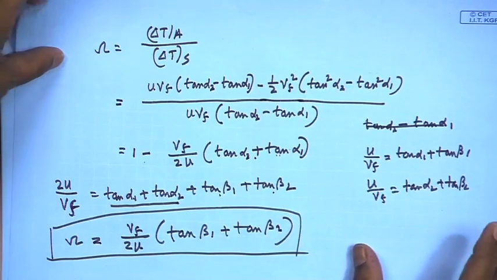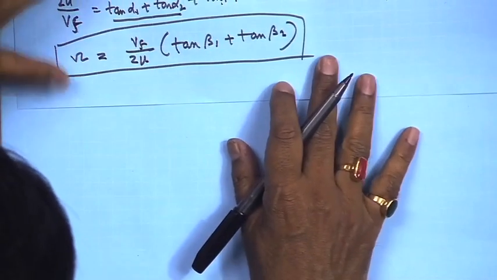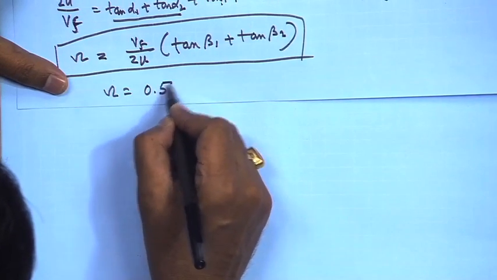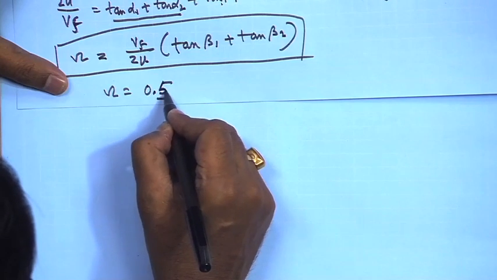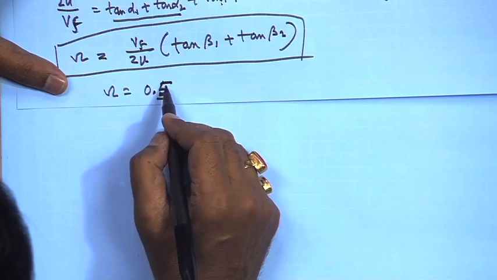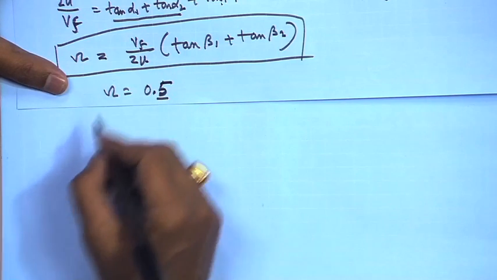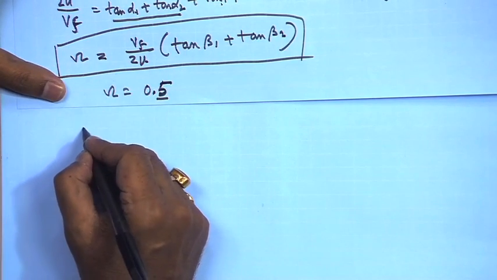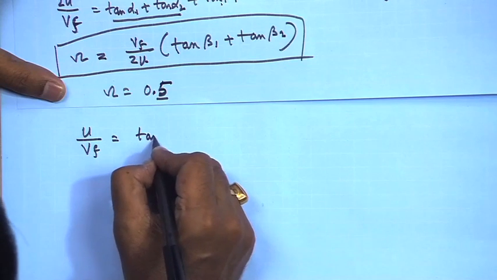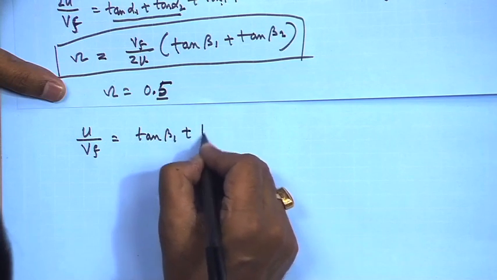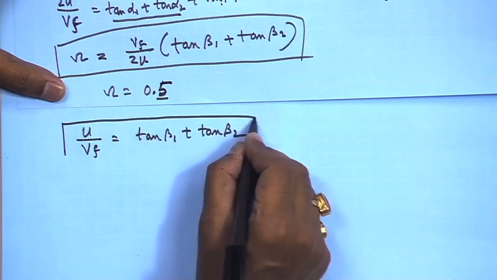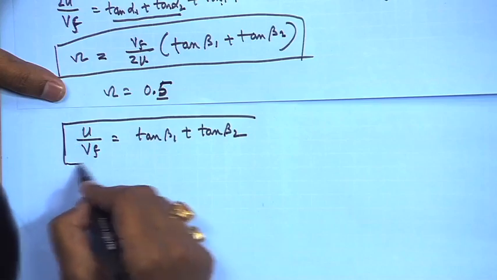Now, let us make a case study where we get a 50% degree of reaction. That means 50% or half of the total enthalpy or static temperature rise of the stage takes place in the rotor. In that case, we get a very good result that u by Vf is equal to tan beta 1 plus tan beta 2. Now, this is one very important result.